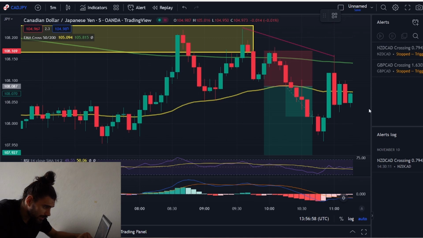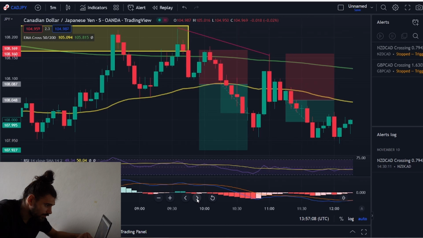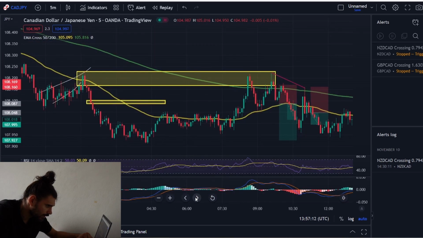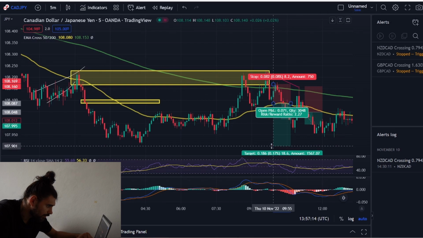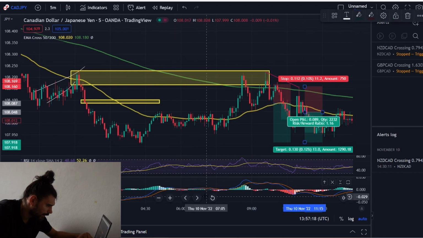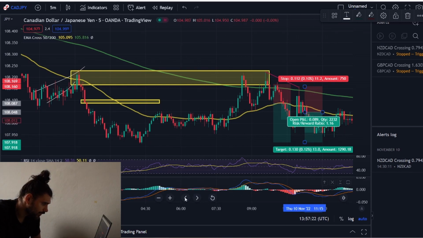Let's see if I can enter a second trade after this candlestick right here, with the stop loss above here. So a second trade to add to my first trade. Let's see what happens here. My first target would be around here. Since this one is pretty small, I would probably go lower.